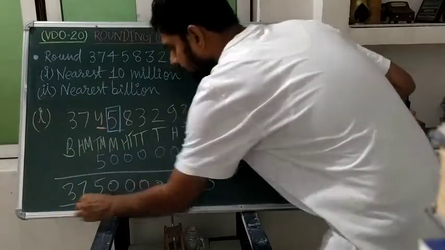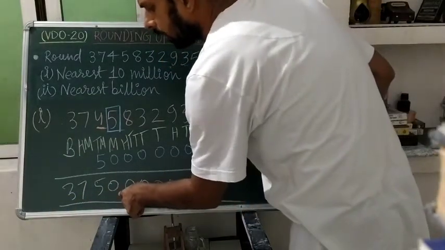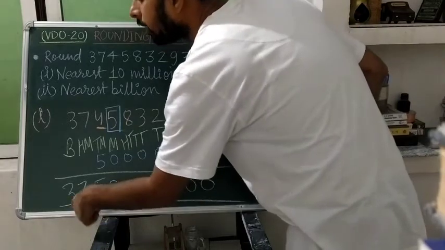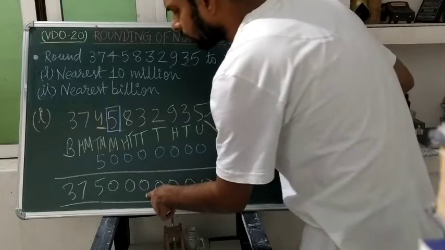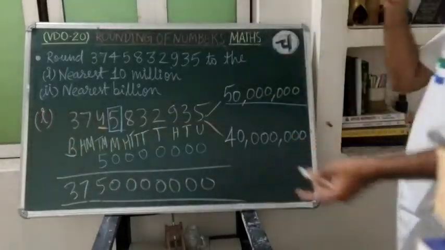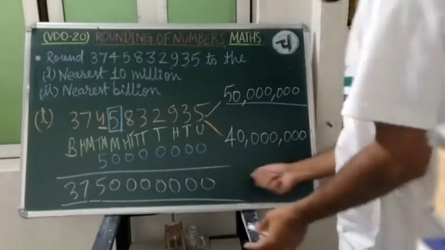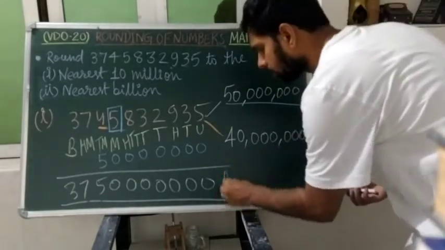This will be our answer. Unit, 10, 100, 1000, 10,000, 100,000, million, 10 million, 100 million. Okay. So this will be the first answer.